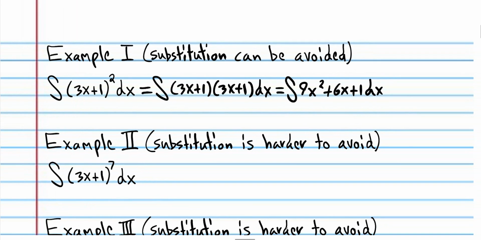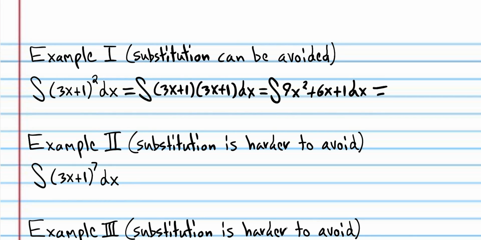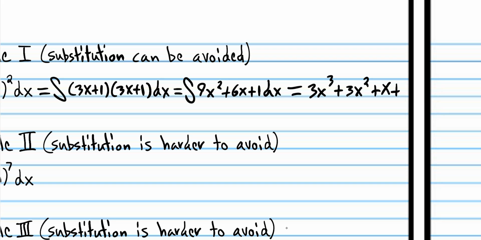So that was one way that we dealt with problems like that. We just changed the form of the expression. So the antiderivative of that expression is 3x to the third power plus 3x to the second power plus x plus c.